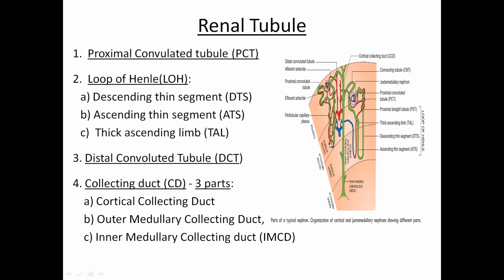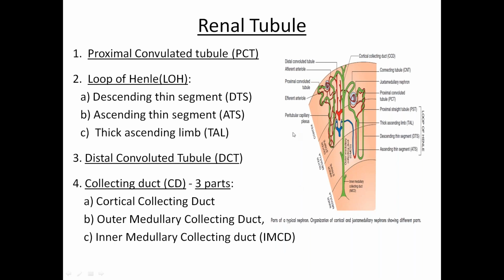Then you have the ascending thin limb, or the ATS, and then you have a thick limb, which you can see better in this nephron. This is your thick ascending limb, or the TAL. So in this particular nephron, this is your descending thin segment, ascending thin segment, and your thick ascending limb, the TAL.